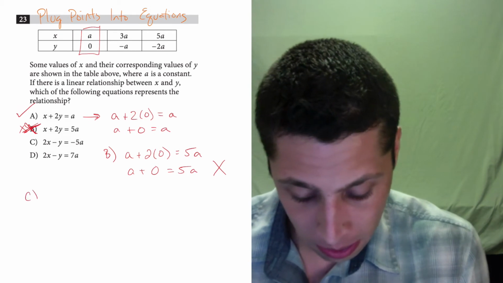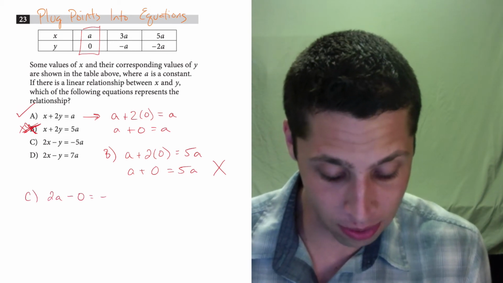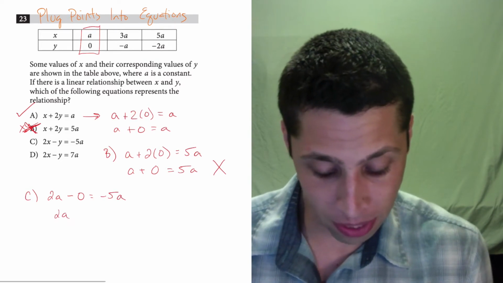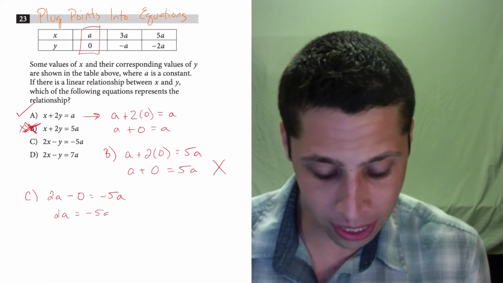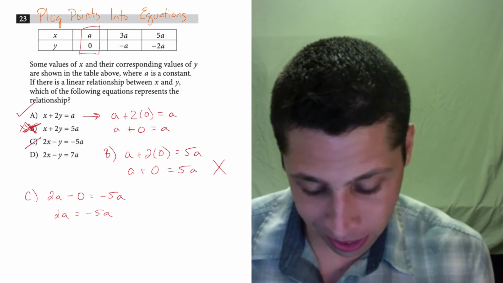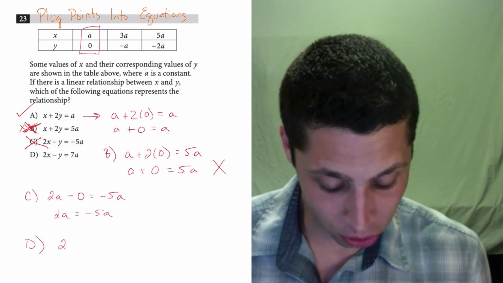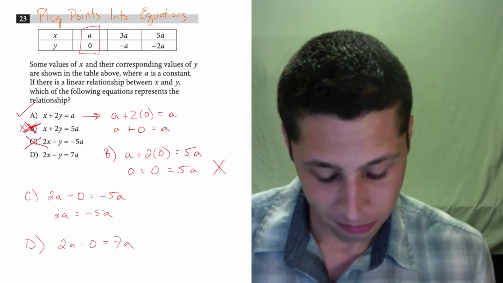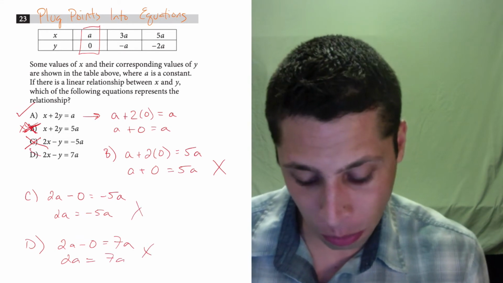Choice C, 2 times A minus 0 is equal to negative 5A. Well, again, this 0 is making my life so easy. I know that 2A does not equal negative 5A. Those are just different values, right? So this also doesn't work. And D, same thing. 2A minus 0 equals 7A. No, 2A does not equal 7A. Well, these are both problems.